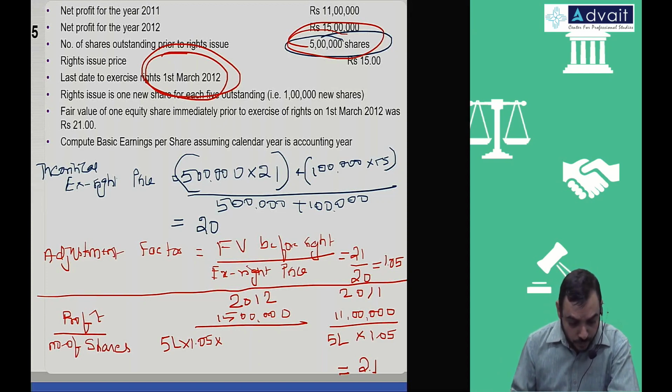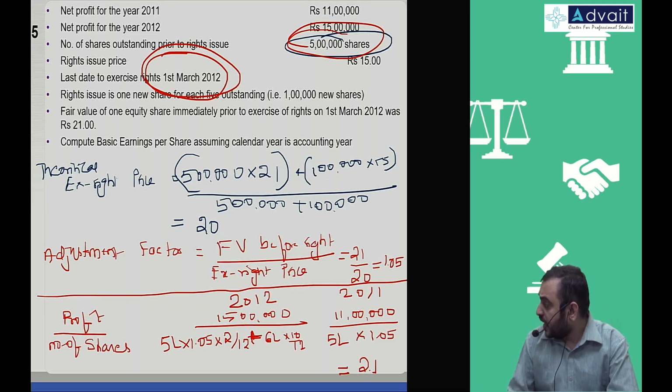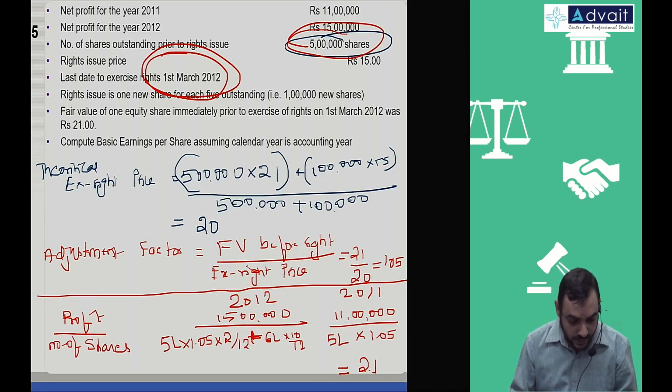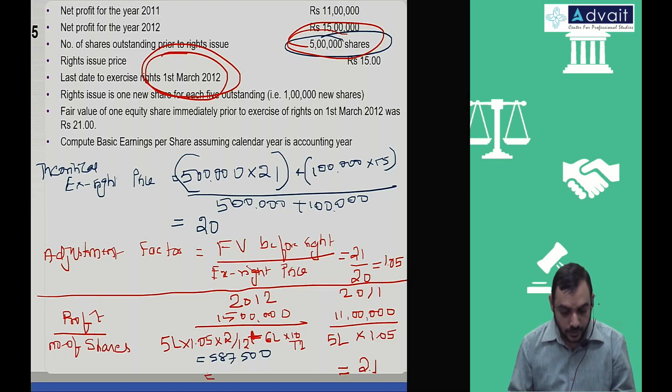So 5 lakh into 1.05 into 2 by 12 plus, now you take the total number of shares for the remaining months, that is 6 lakh into 10 by 12. I think the number of shares comes to 5 lakh 87,500. So 15 lakh by 5 lakh 87,500, 2.55.